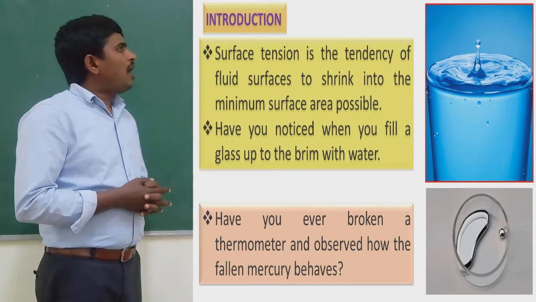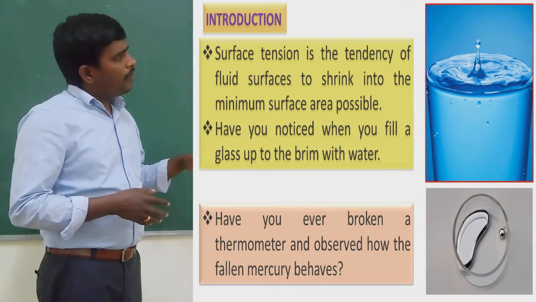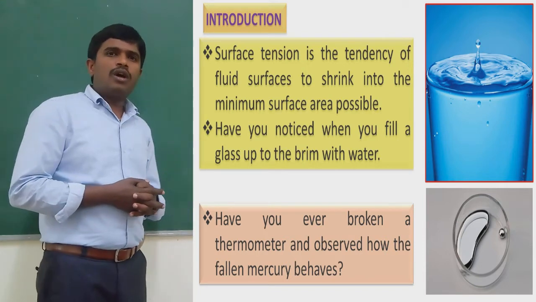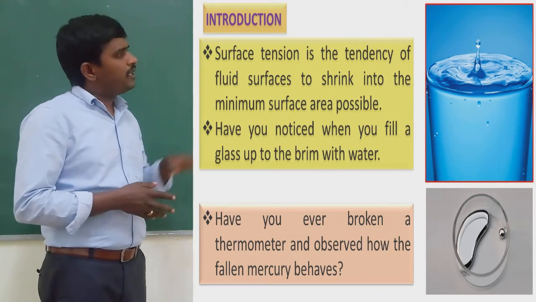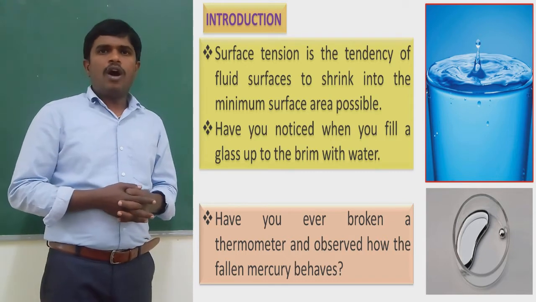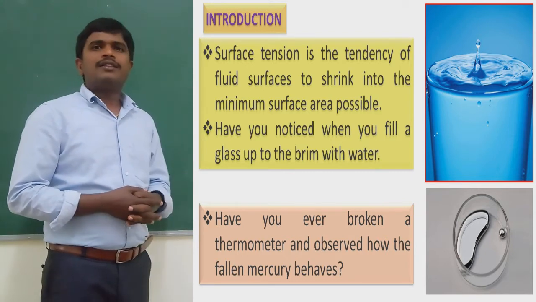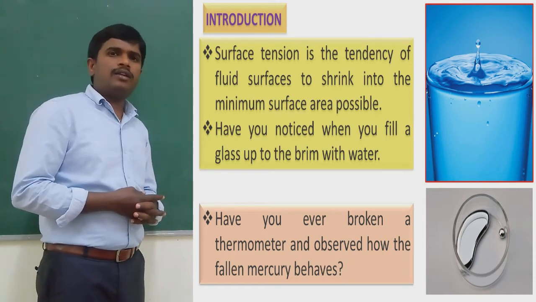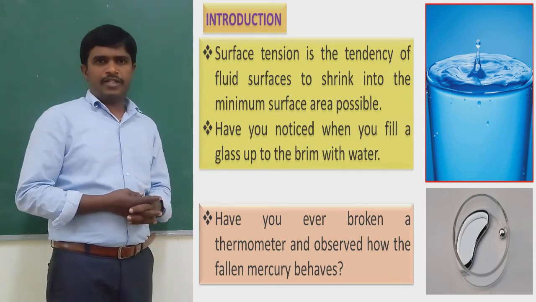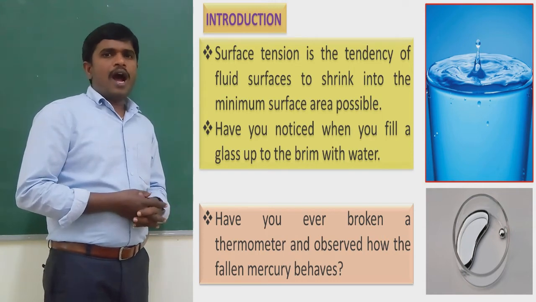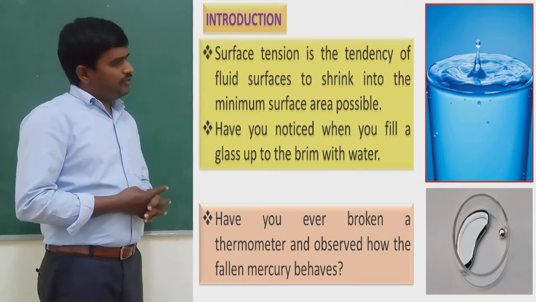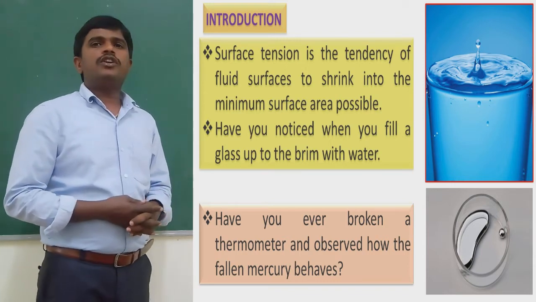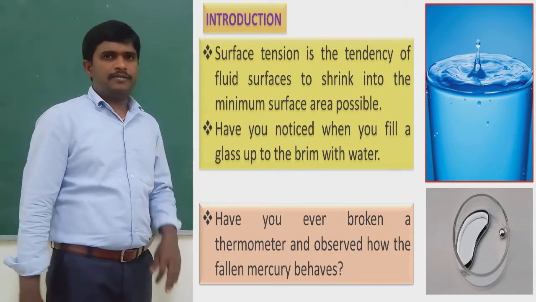Or have you broken a thermometer and observed how the fallen mercury behaves? All these happen due to the surface tension of the surface. Let us understand the concept of surface tension, definition, along with the SI unit, formula, examples and determination of surface tension.